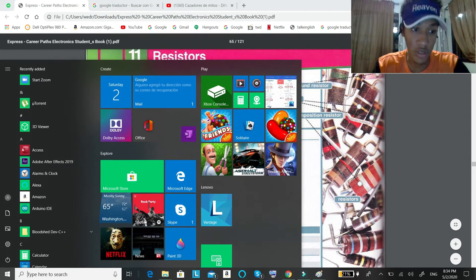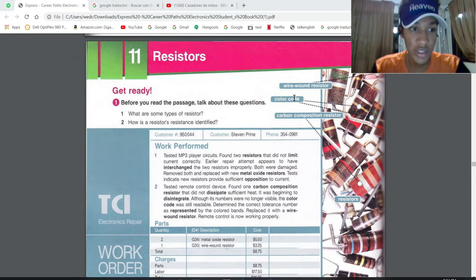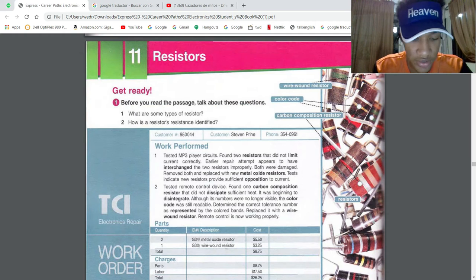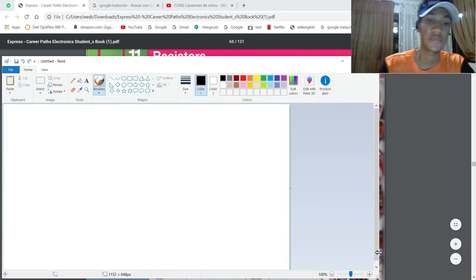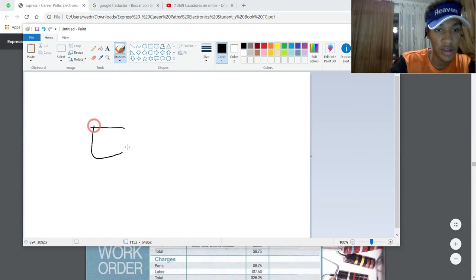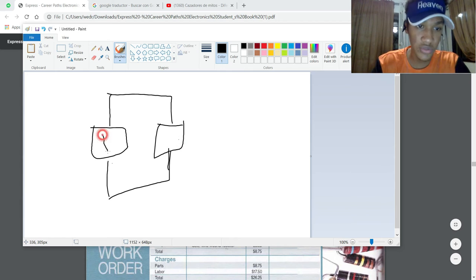How does it work? I go to Paint, a very good application for the explanation. Okay, Paint. I have a resistor. That is a resistor, and that is resistor 2.